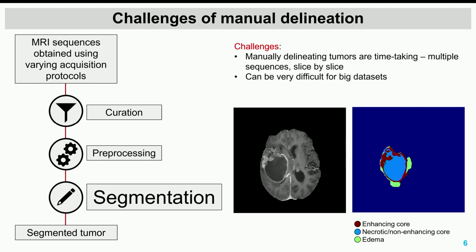For example, here I'm showing a high-grade glioma on a post-contrast T1 weighted scan, and this is the tumor segmentation mask that we want. As you can see, this tumor is very heterogeneous and infiltrating, and there are multiple tumor sub-tissues that we are interested in. The annotator will need quite a bit of time to draw this, even on a single slice. Then they need to do this on all of the slices in a volume, and then for 500 or 1,000 cases in a big data set. That can be very difficult.